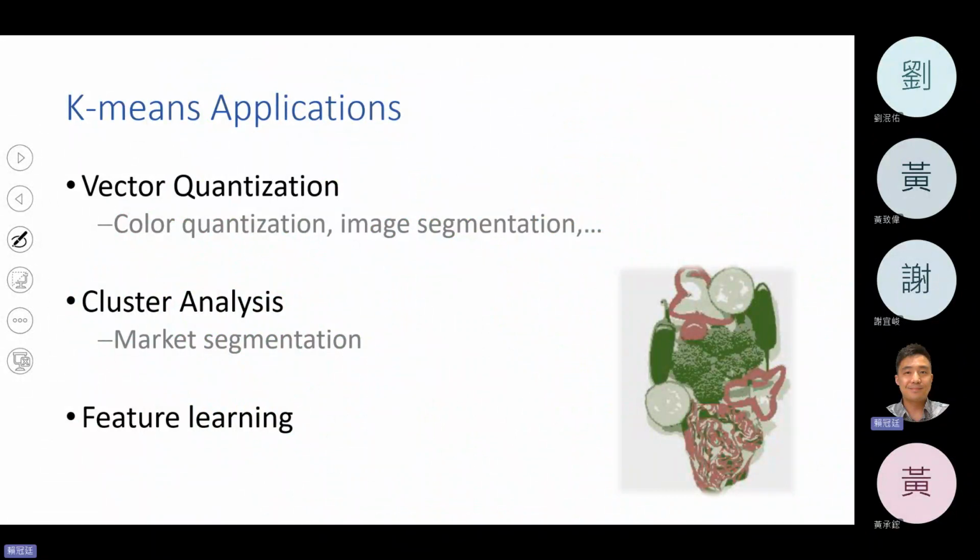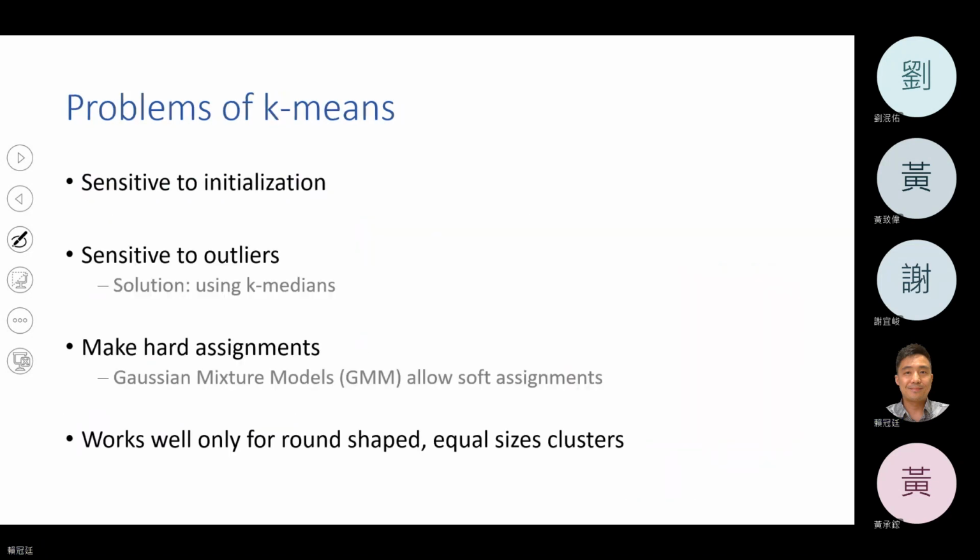But k-means is still very useful because it's simple, right? With good initialization, you can do many things. The applications include vector quantization, cluster analysis, or feature learning. The problems of k-means are that it is sensitive to initialization and to outliers. To handle outliers, you can use not only means but also medians, or mode, so there are k-modes and k-medians, depending on the statistic you select.